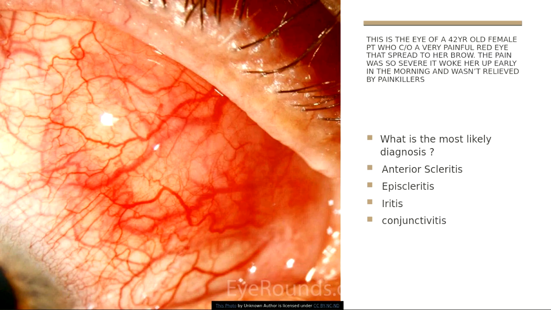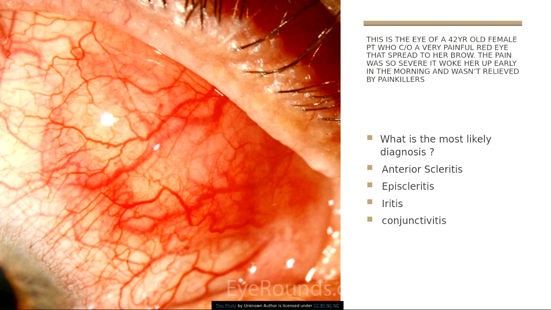Okay, so next we go to the next patient, Mr. Ramprasad. So this is a 42-year-old female, so a slightly older person. Now this patient is not complaining of just mild discomfort. This patient is now complaining of a very painful red eye, a pain that spreads to her brow. The pain is sometimes so severe that it wakes her up in the morning, and the pain was not relieved by painkillers.